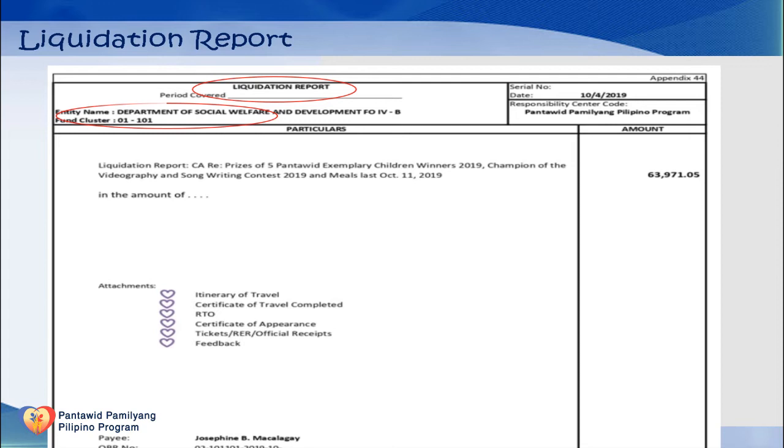Then, the fund cluster or code in accordance with the Unified Accounts Code Structure or UACS. Another one is the number assigned to the liquidation report by the accounting division or unit and the date of the preparation of the report.